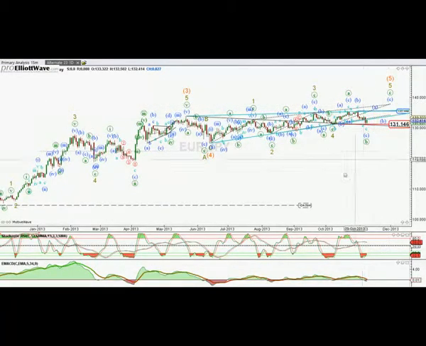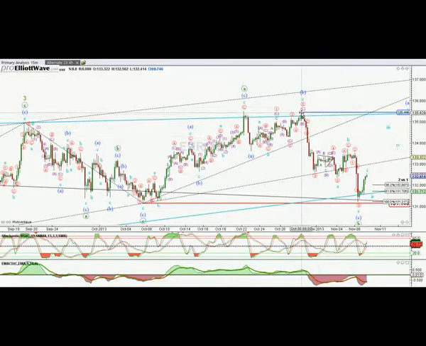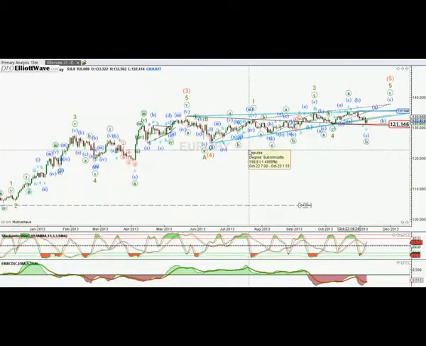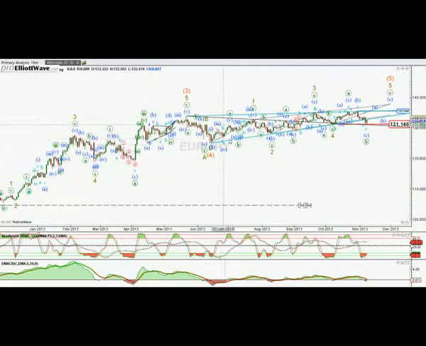As I explained in the last video, we have to be very cautious to see whether this pattern that happened here was the end of our diagonal, which I don't believe so, because there is a law of equality between the wave counts. And if you're measuring days and times between these waves, there has to be some sort of correlation. As you can tell, wave 1 took so many days, wave 2 to the 3 to the 4, and I don't believe wave 5 would be that short. However, that doesn't mean anything.